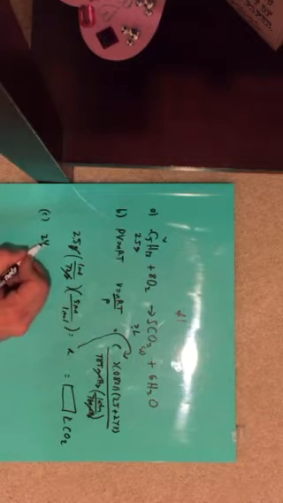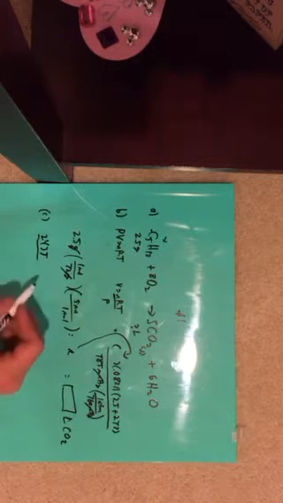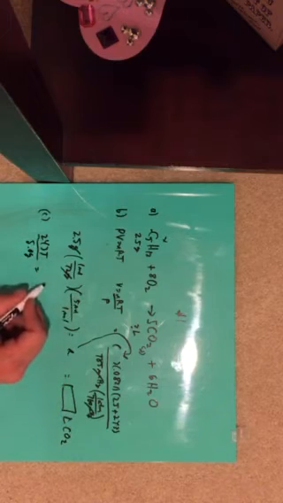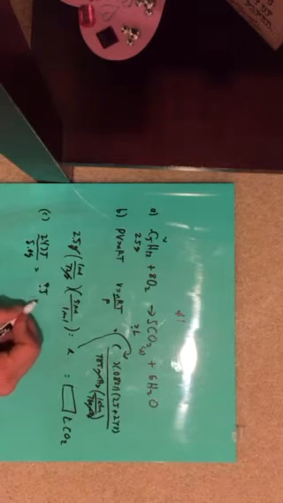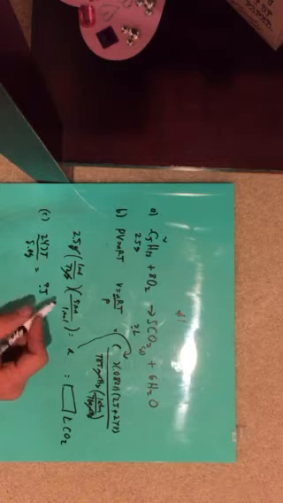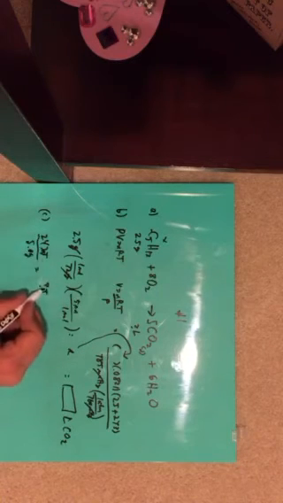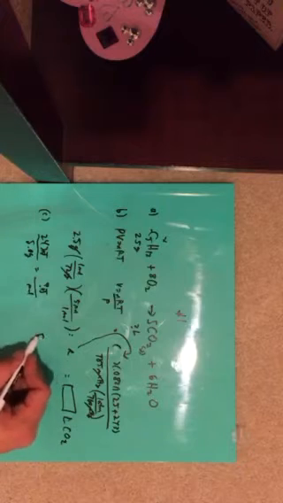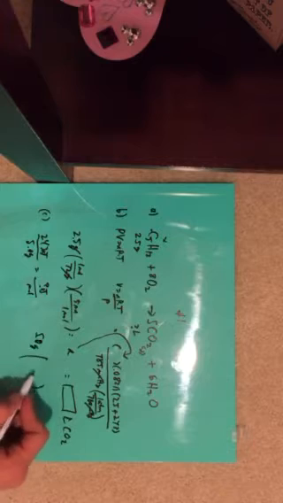Okay. Now, C is a very simple problem, actually. It says that you have 243 joules every time you have 5 grams of pentane. But they want to know how many kilojoules, sorry, how many kilojoules per every 1 mole of pentane? So all we have to do is convert those 5.0 grams to moles.